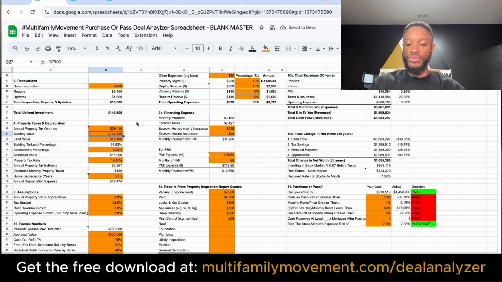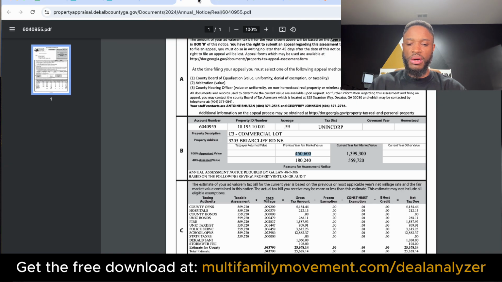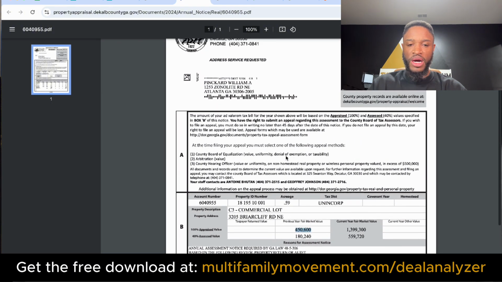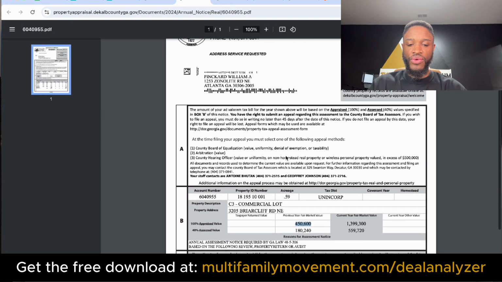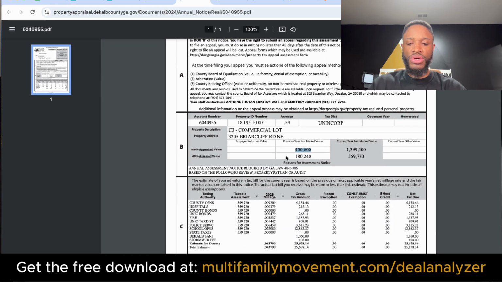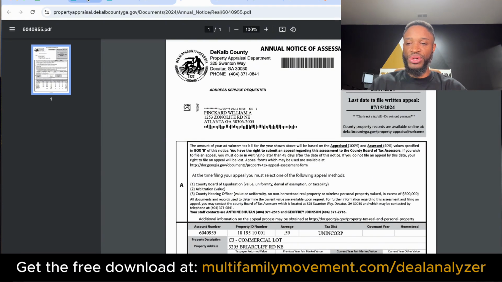Now the building value, we'll put the price because it's going to get reassessed. The land value, the county does not break out the land value. Ultimately, you can call and get it, but ultimately we need that for the depreciation because land does not depreciate.